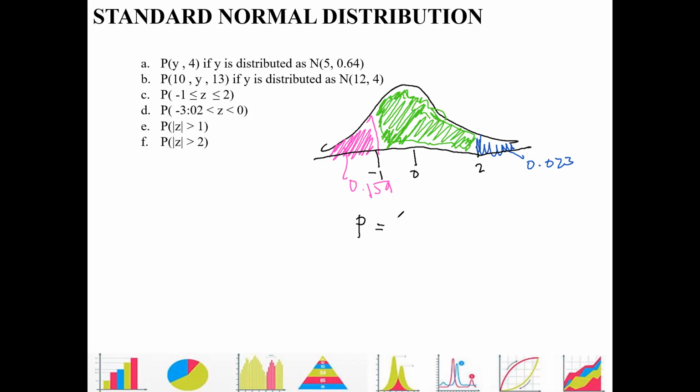Yung probability natin, yung pink at blue po, ipagpa-plus bago po ima-minus sa 1. Tama yun. Ipa-plus natin itong dalawa, pero ima-minus natin siya saan?